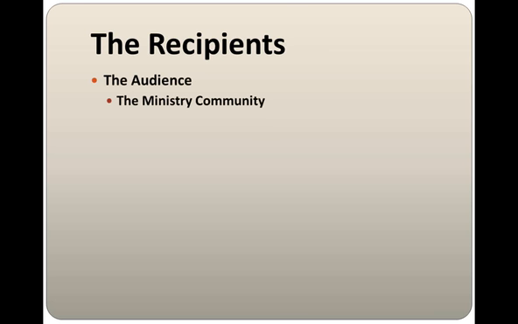First off is the ministry community, and this involves the people who are involved in implementing the vision. Your pastoral staff, your boards, your support staff, other staff, members, and regular attenders who are involved in making the vision come to life and implementing the vision.